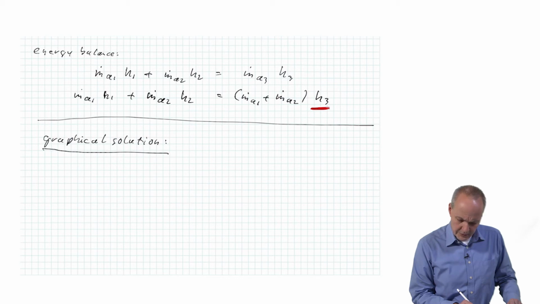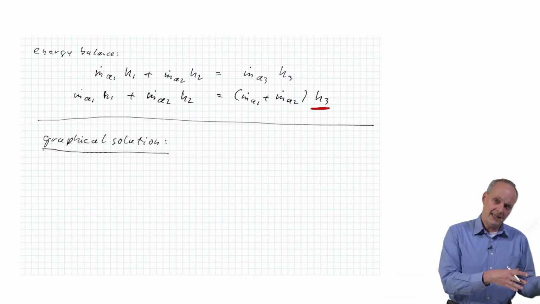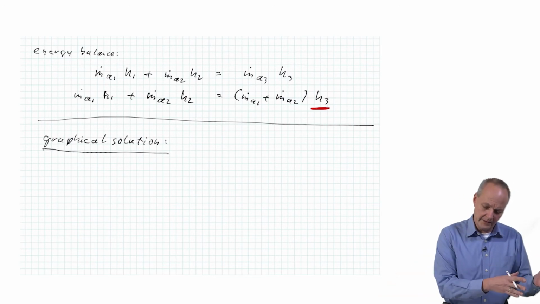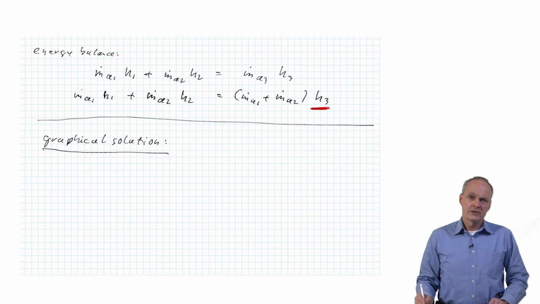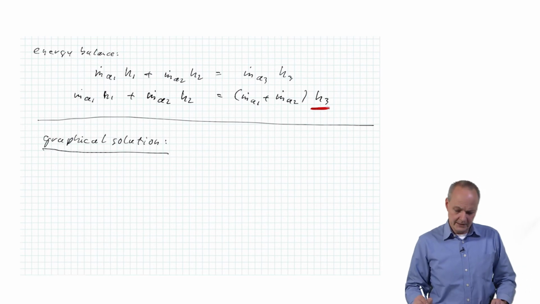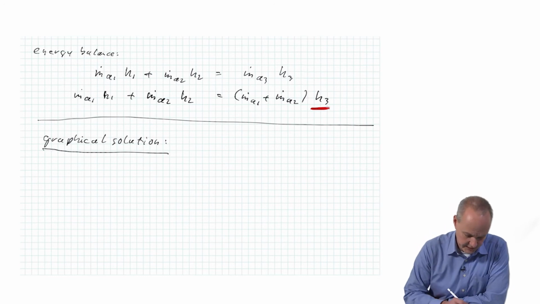So I want to take the mass and the energy balance and bring all terms with m dot A1 to the left-hand side and all the terms with m dot A2 to the right-hand side, okay? Because I have the energy balance up here right now, I'll start with that, and then I'll copy what we had from the mass balance equation.